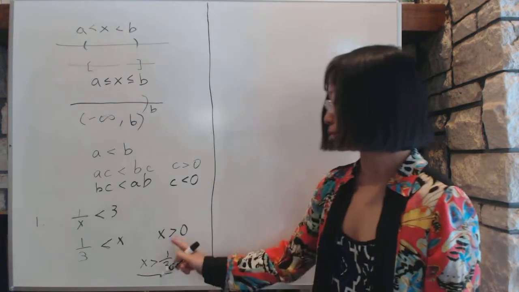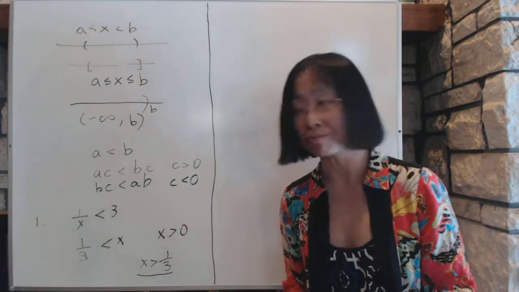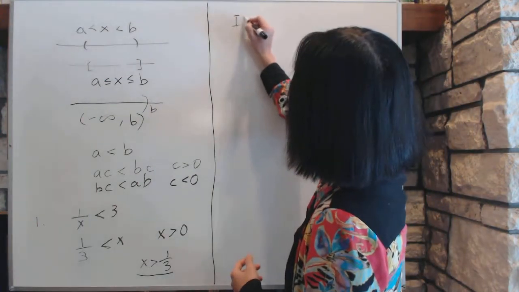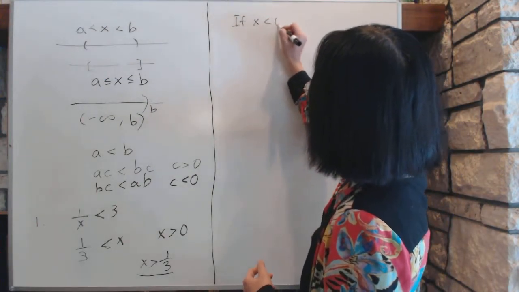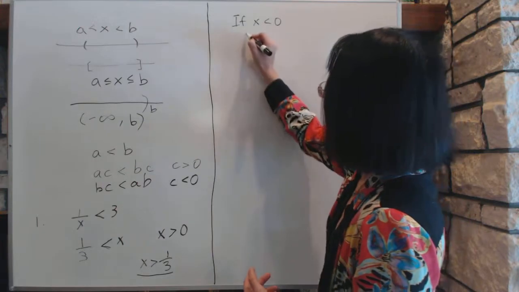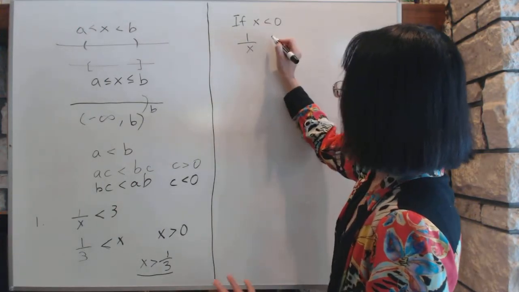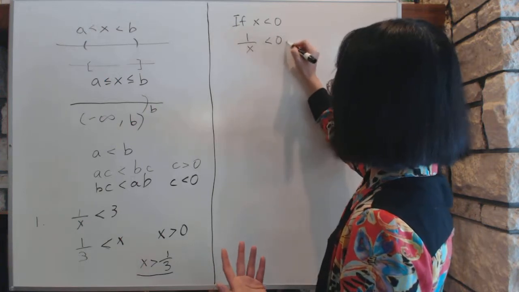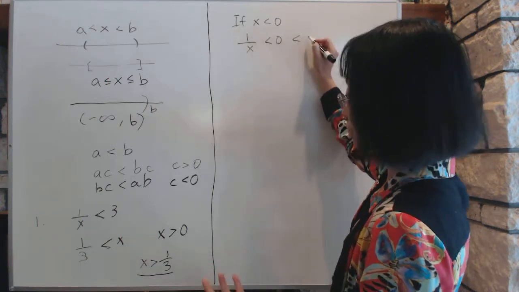But you're not done yet because we've only considered x bigger than 0. What happens when x is less than 0? If x is less than 0, then 1 over x is going to be less than 0 too, because it's negative. So therefore, it's going to be less than 3.